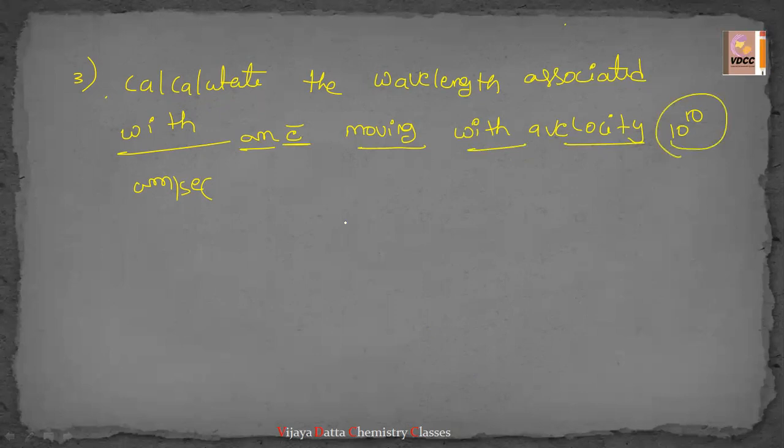Velocity is given, 10 to the power of 10 centimeters per second, and h value you already know. Then apply lambda equal to h by mv. The h value you have to take in ergs, 6.6 into 10 to the power of minus 27 erg second. Then simply if you substitute you will get the answer. Okay, just test yourself.